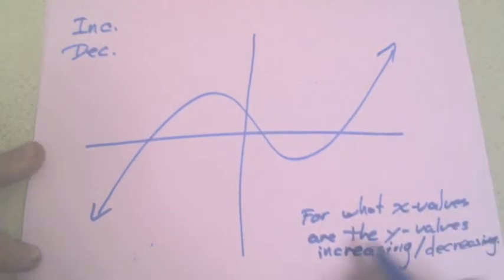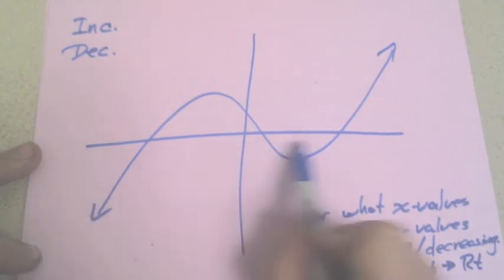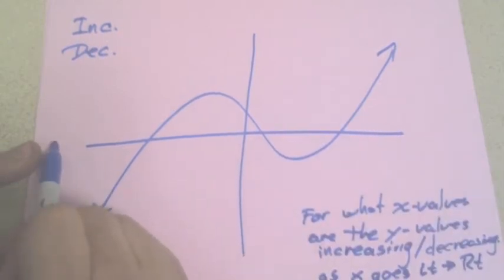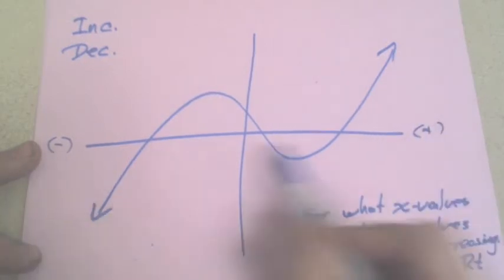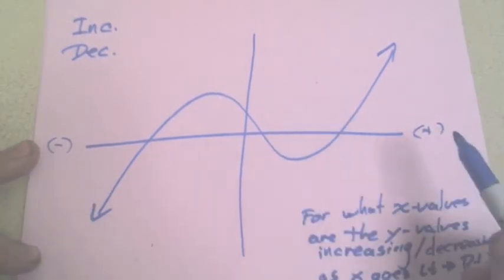Furthermore, x values as x goes left to right. So as x increases, as x goes from negative values and increases, what's happening to the y values?